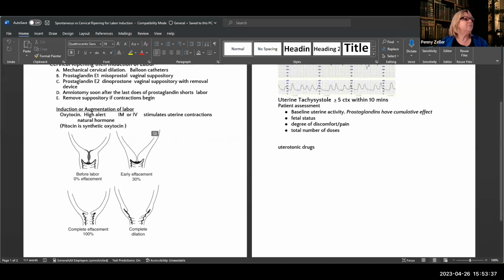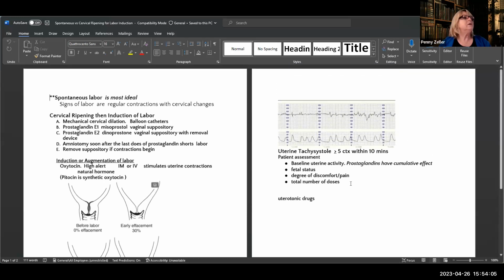Then as contractions occur, the cervix gets shorter and thinner. We call that effacing. And then it dilates and opens up, to the point where you can't even palpate it. So if I did my vaginal exam, I wouldn't be able to find the cervix because she's completely dilated. She's getting ready to deliver the baby. Okay. All right.